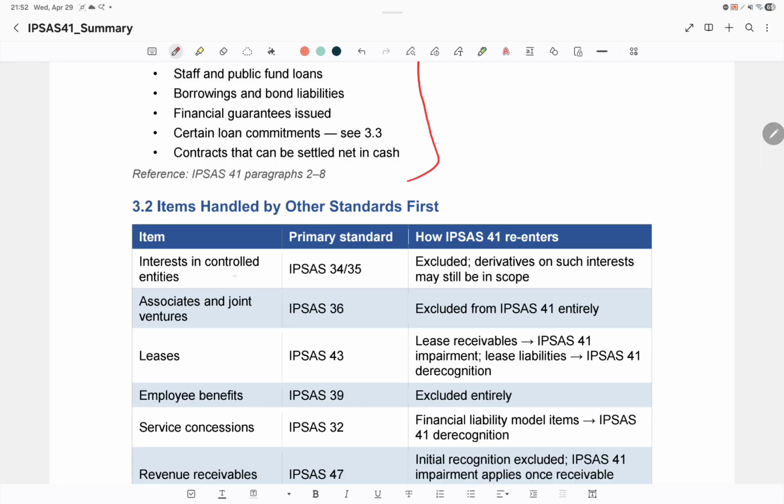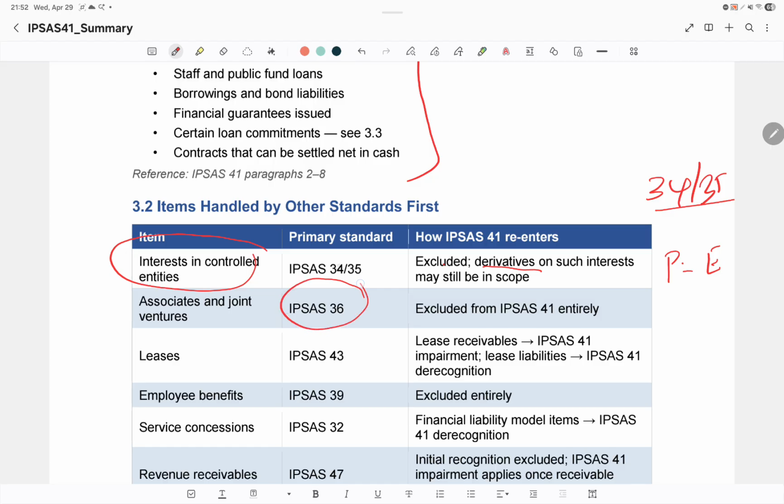For example, interests in controlled entities, where you are the parent and there is the subsidiary. Except for derivatives, it is excluded. IPSAS 34 and 35 govern consolidated accounts and separate financial statements, associates and joint ventures.